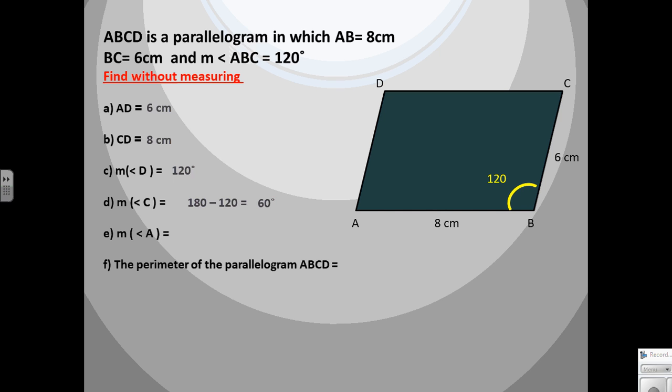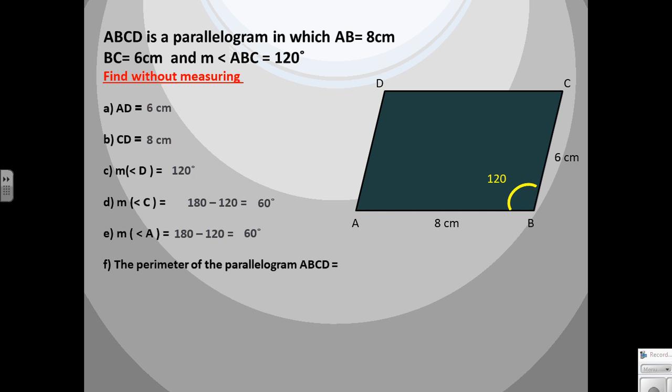Okay, what about measure angle A? Measure angle A is opposite to measure angle C, so it will be 60 also, or we can do it as the consecutive angles, 180 minus 120 equals 60 degrees also. We have two ways to know. Okay, the last one. What is the perimeter of the parallelogram ABCD?